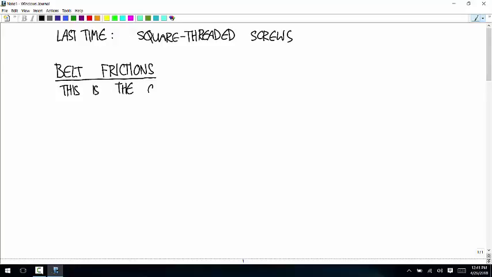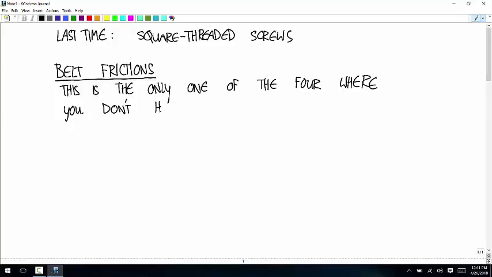So this is the only one of the 4 where you don't have to derive it. And the idea of belt friction is this.